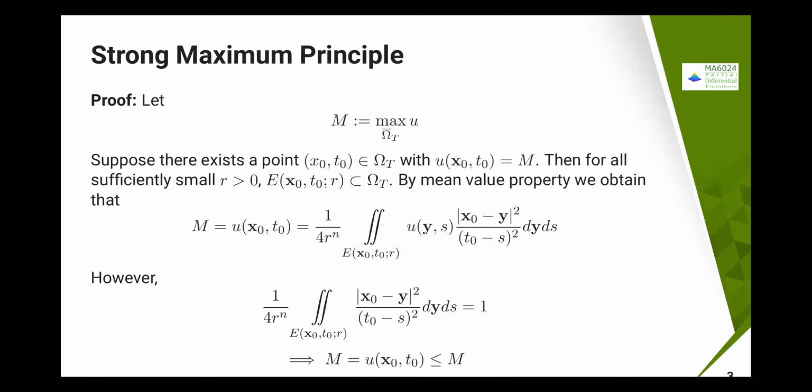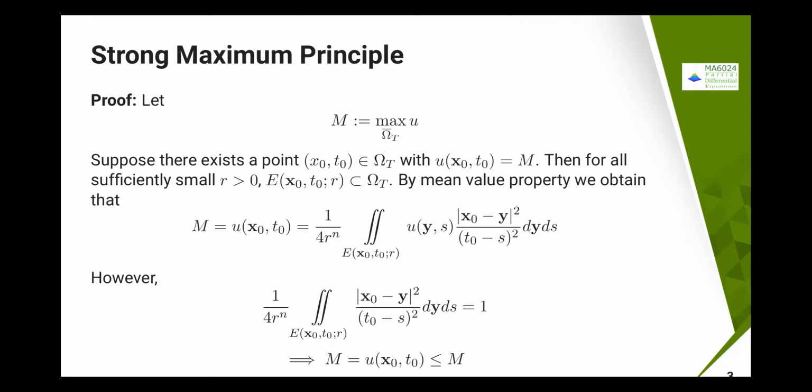So that is going to become 1 by 4 r power n integral of u of y comma s times (x naught minus y) whole square divided by (t naught minus s) square, dy ds. Here t naught minus s is there.